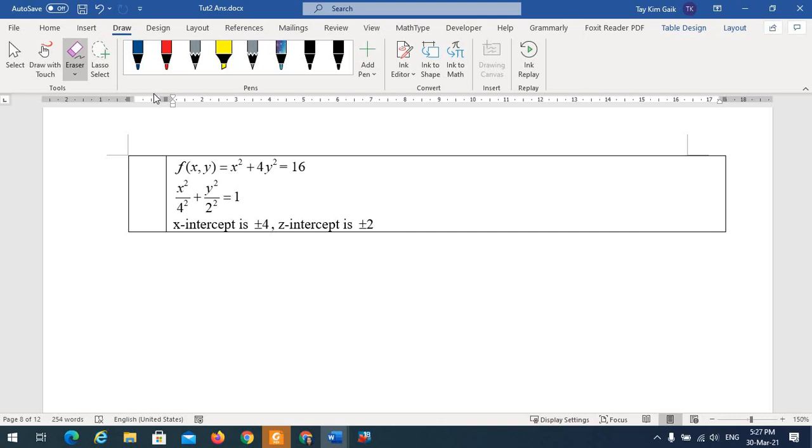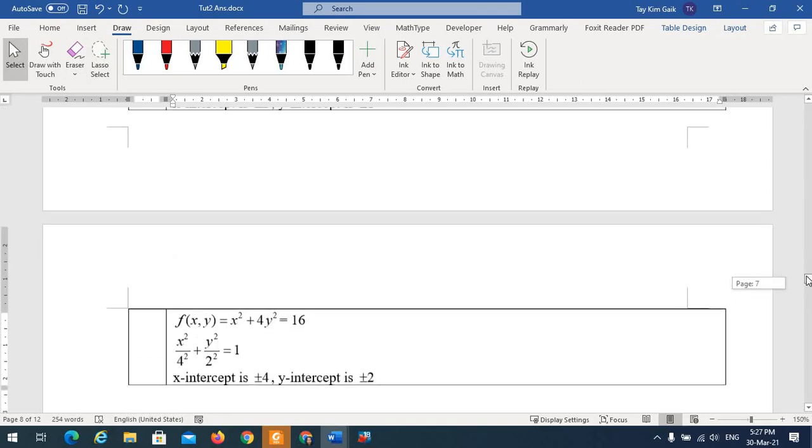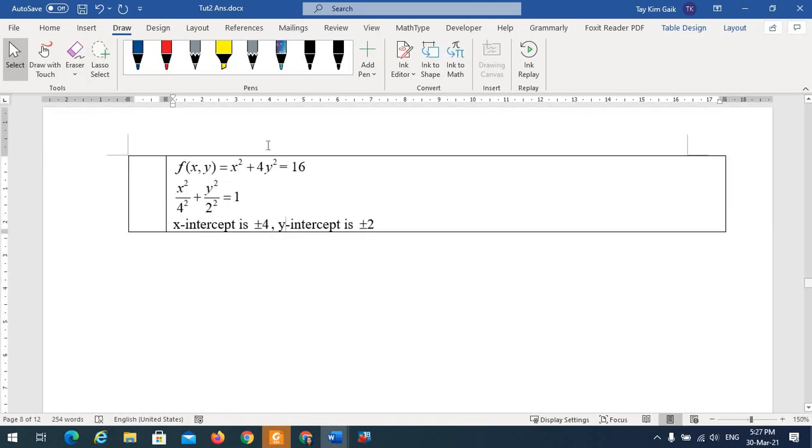So we know the y-intercept is plus or minus 2.